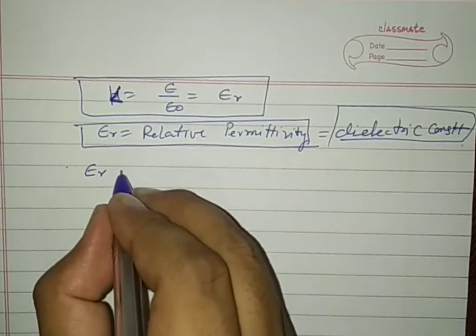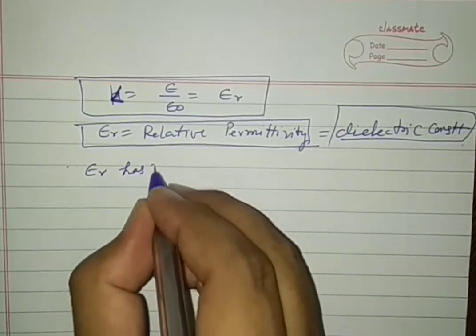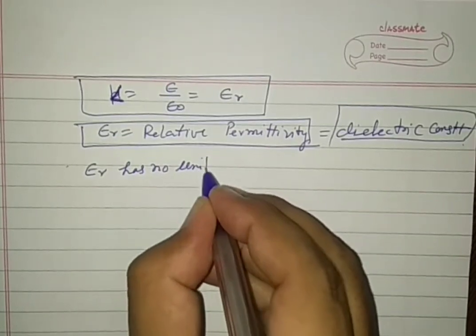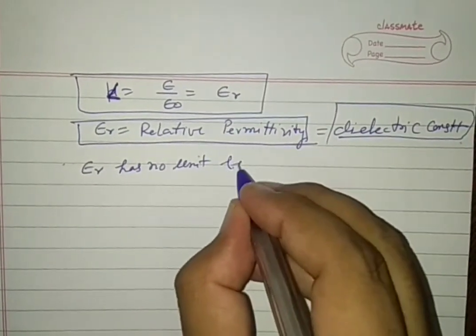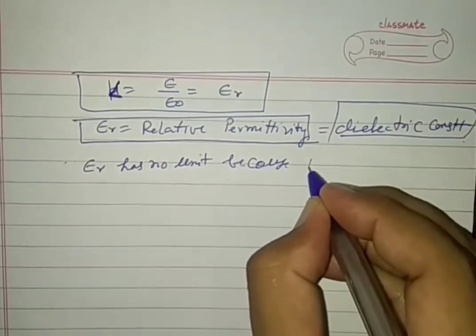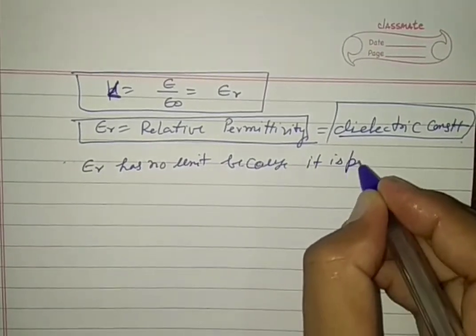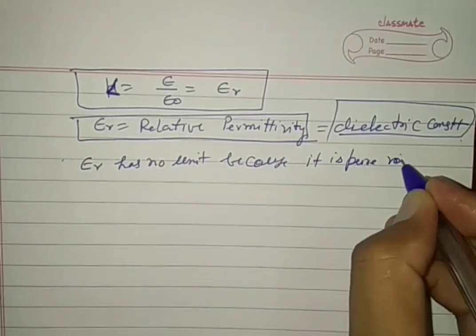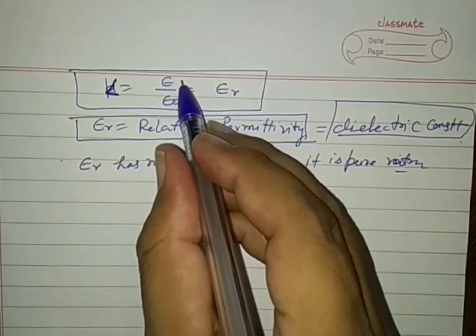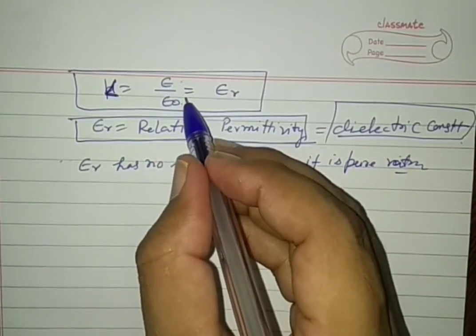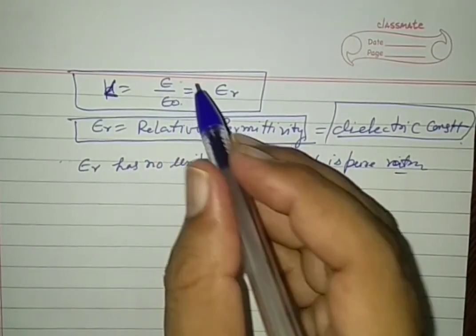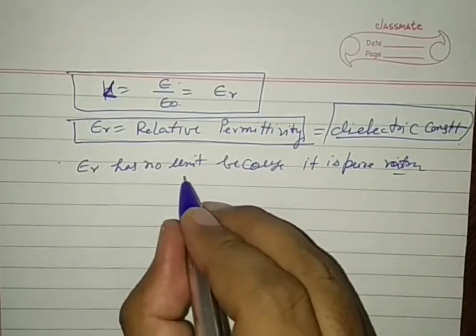Relative permittivity epsilon r has no unit because it is a pure ratio. So the units of epsilon and epsilon naught are the same and cancel each other. So it has no unit.